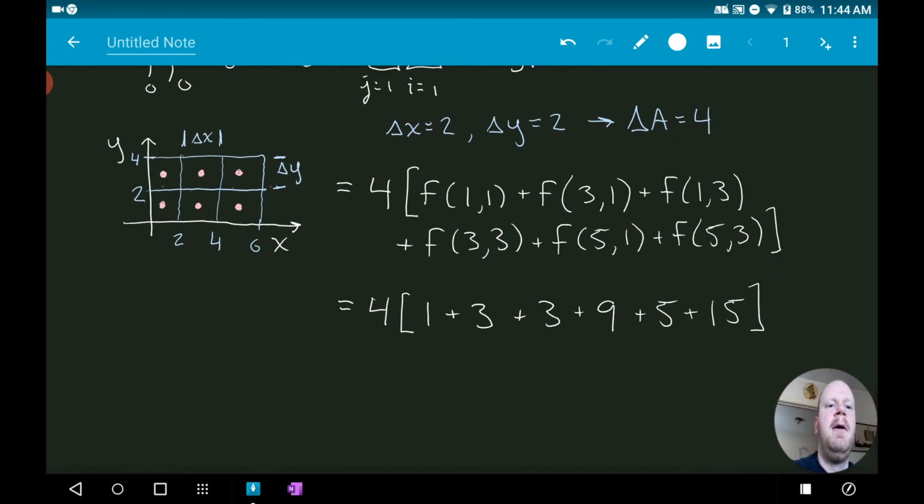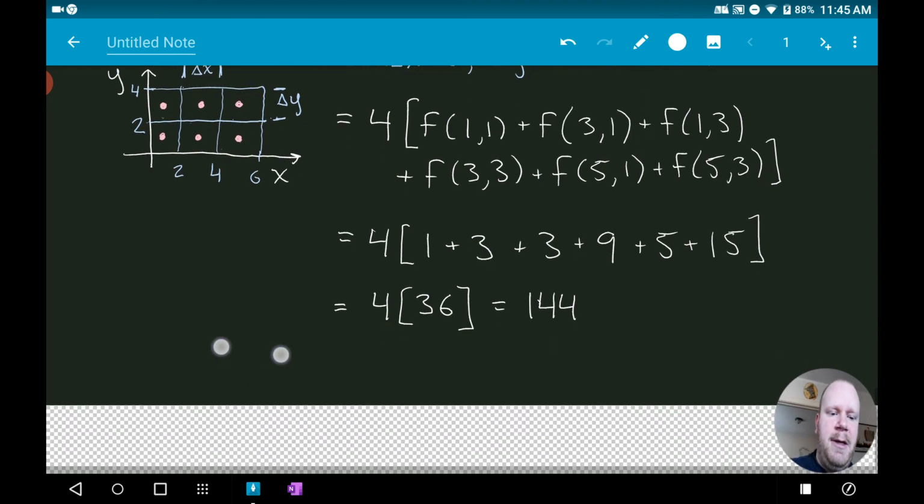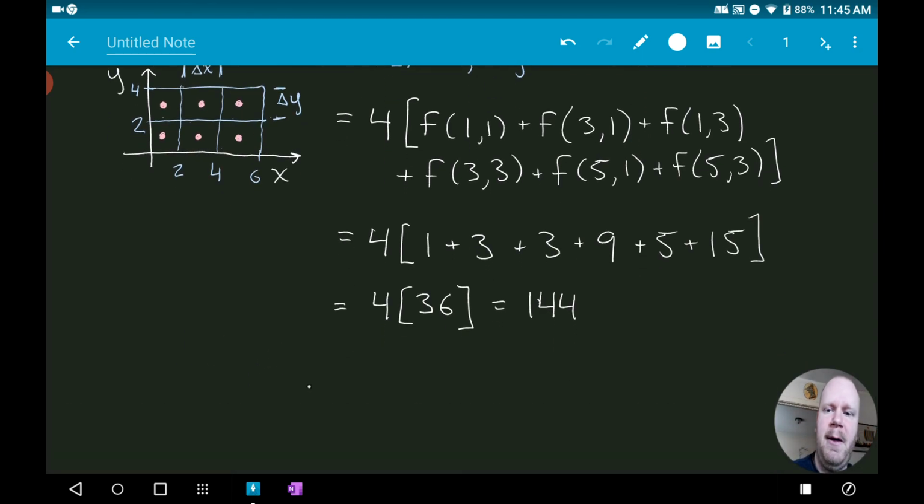So this is equal to 4 times 36, and that is equal to 144.